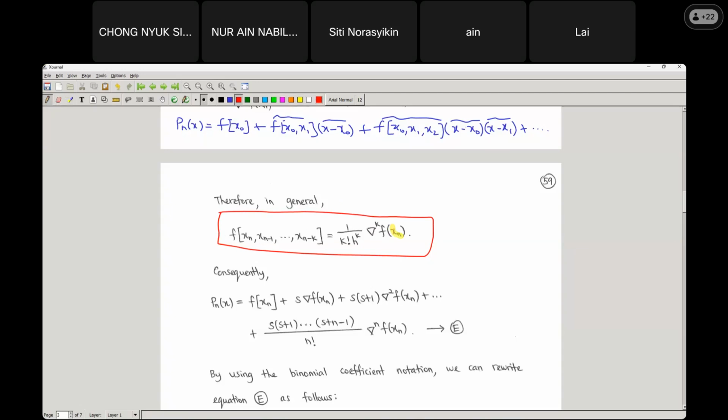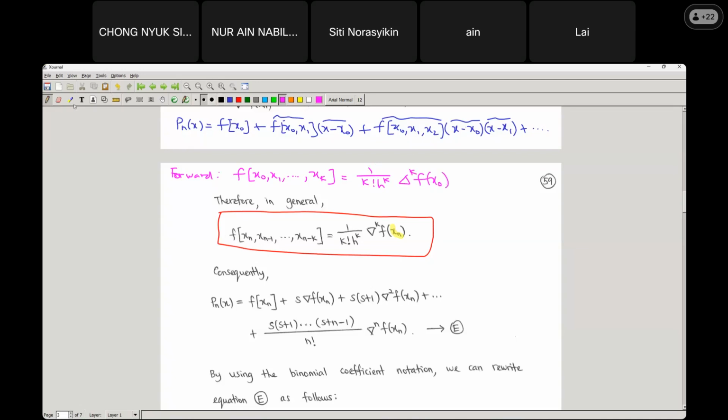Now for the forward, I just write it down here in case you want to compare. For the forward, we have f[x0, x1, ..., xk]. This is equivalent to 1 over k factorial h to the power of k, triangle to the power of k f x0.